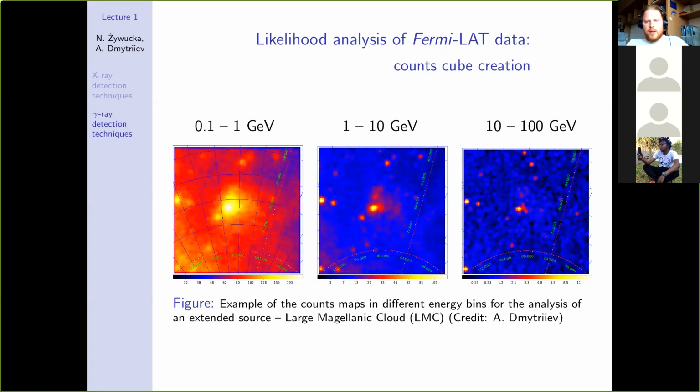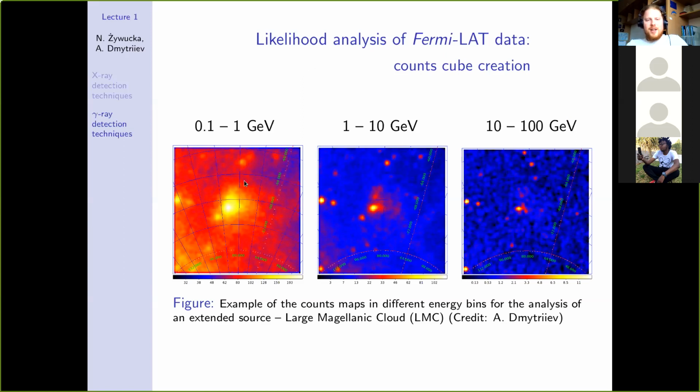This is my result for the Large Magellanic Cloud. I was analyzing Fermi data of the Large Magellanic Cloud, and these are counts maps for 3 energy bins. So you see 0.1 to 1 GeV, 1 to 10, and 10 to 100. And you see that these maps are drastically different.